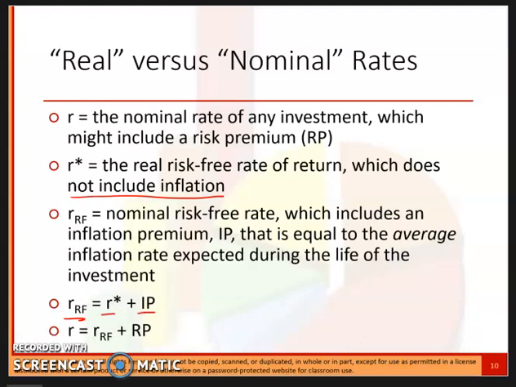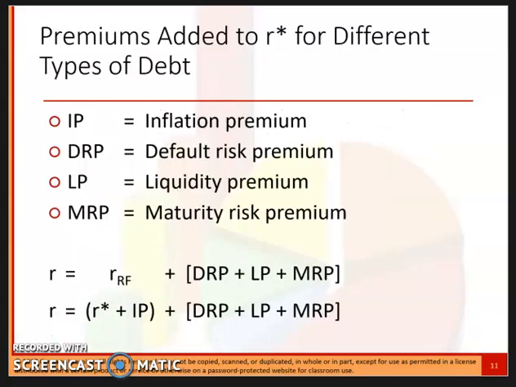So the nominal rate is equal to the nominal risk-free rate plus the risk premium. This could apply to any investment. We went through this before: IP is the inflation premium, DRP is the default risk premium, LP is the liquidity premium, and MRP is the maturity risk premium.